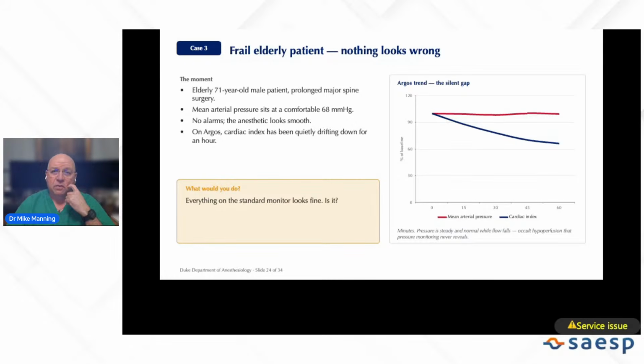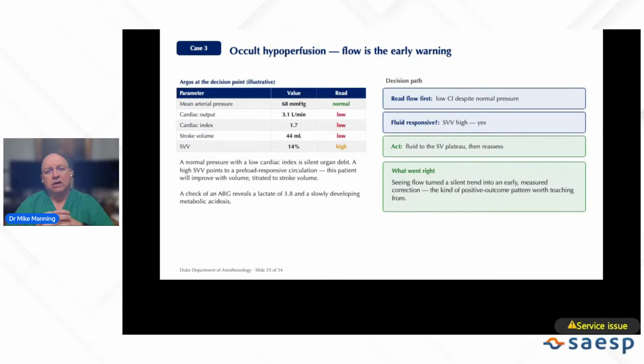And with major spine surgeries, blood loss can creep up if you're not paying attention, and you're going to get a little bit behind. And I think that's what we were seeing here. So the mean arterial pressure was normal. It was a 68, which was within the range that we had set for this patient based on their baseline. The cardiac output was a little low.